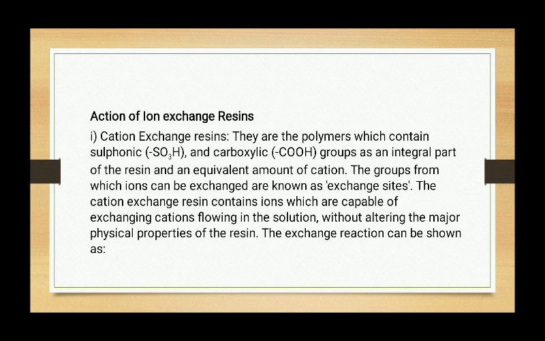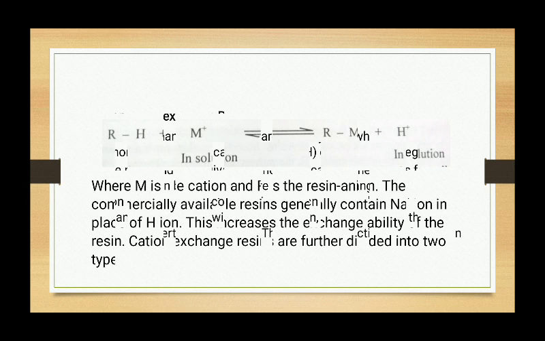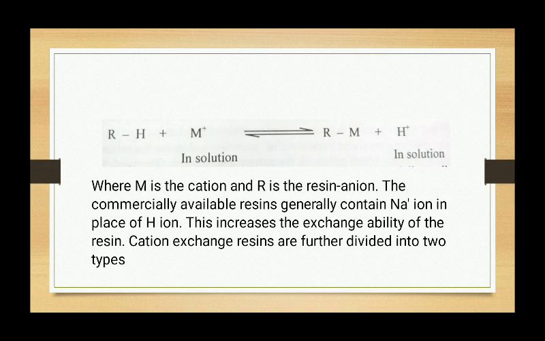The exchange reaction can be shown. In this reaction, RH plus M plus ions from solution are exchanged and converted to RM plus H plus, where M is the cation and R is the resin anion. The commercially available resin generally contains Na ion in place of H ion. This increases the exchange ability of the resin.